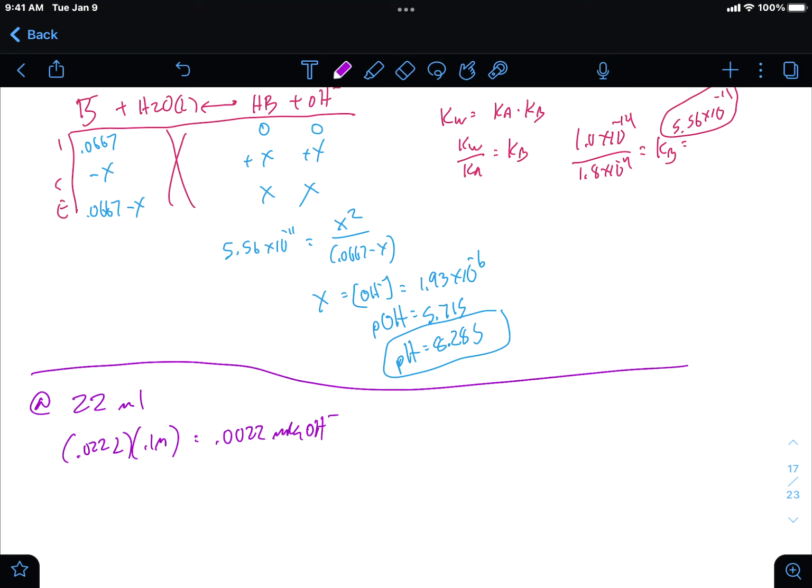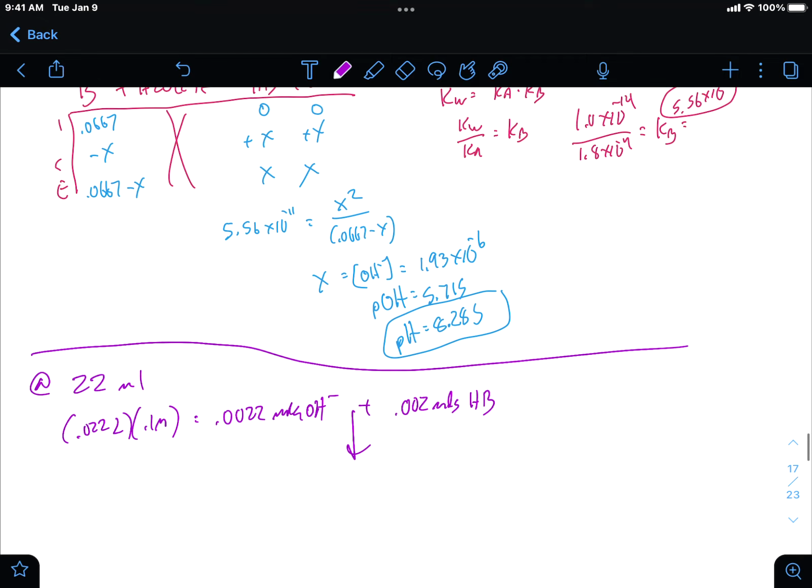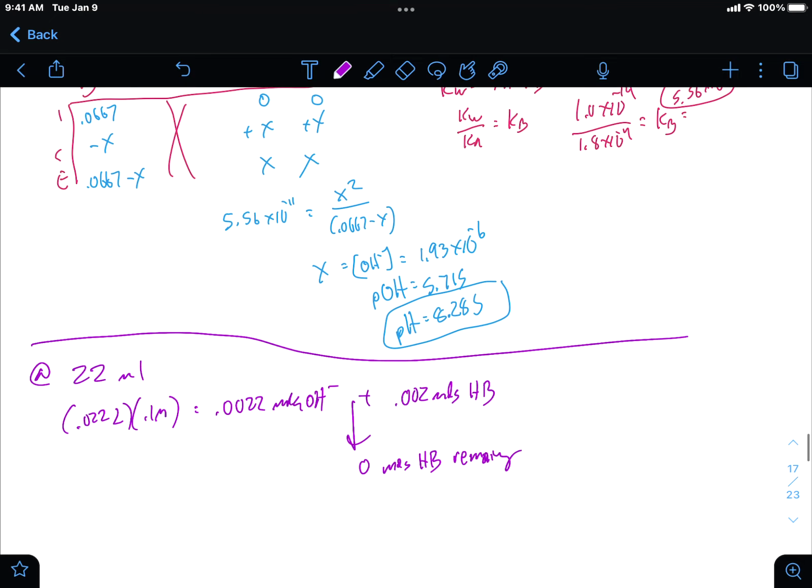Remember, I'm still writing the original amount of weak base, so it's clearly shown how much of my products are made. So plus 0.002 moles of HB. The result is that there will be 0 moles of HB remaining. There will be 0.002 moles of B minus produced.